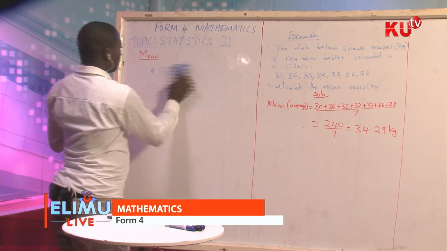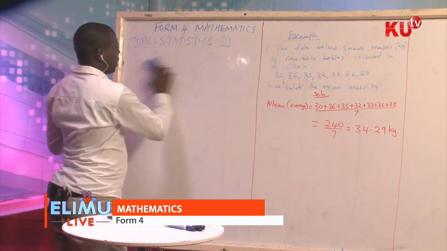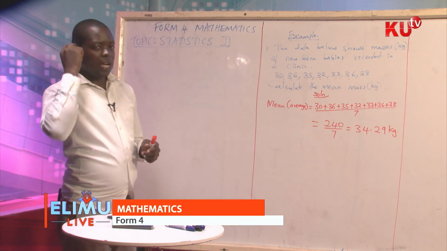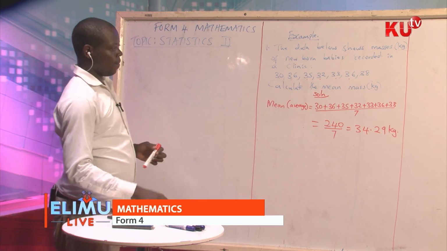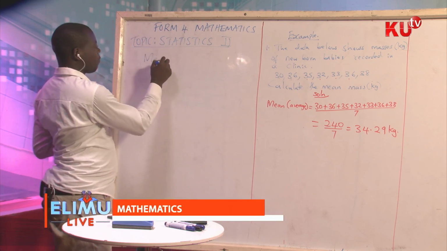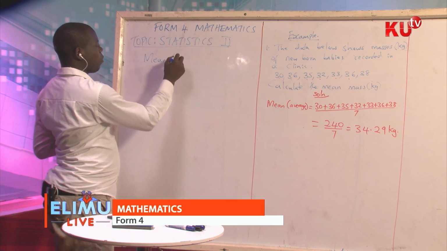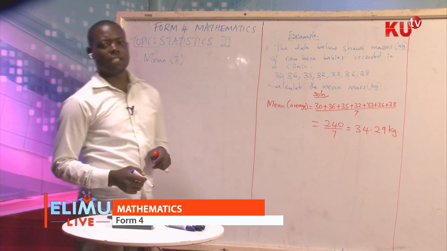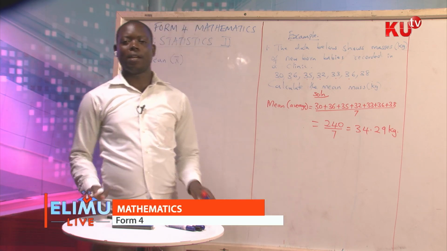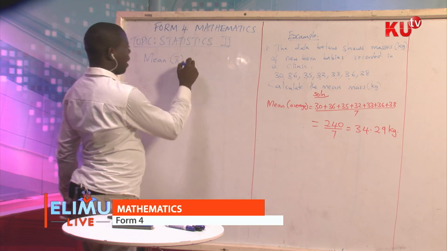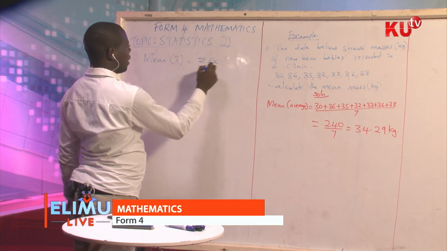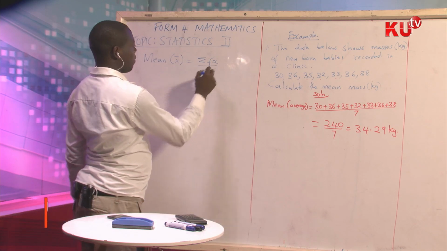Number 2. In Form 2 as well, we looked at the calculation of mean for what we call grouped data. And we said that if you are calculating mean for a grouped data with the values in consideration being for x, then we get the mean by the sum of fx over the sum of f.